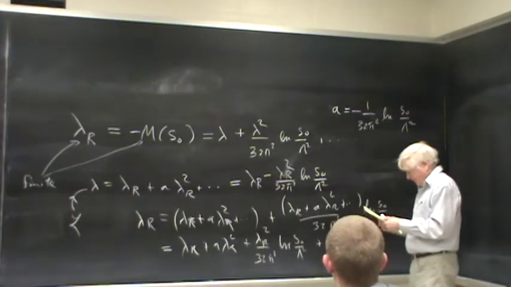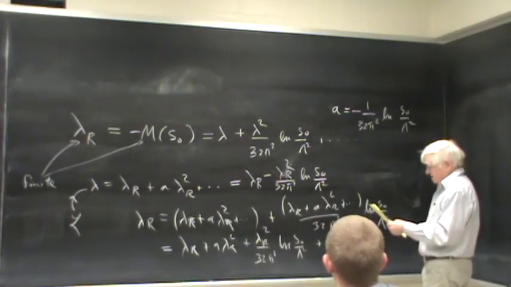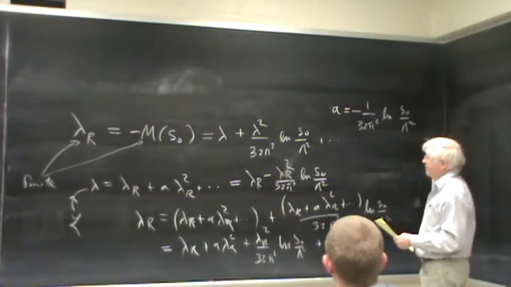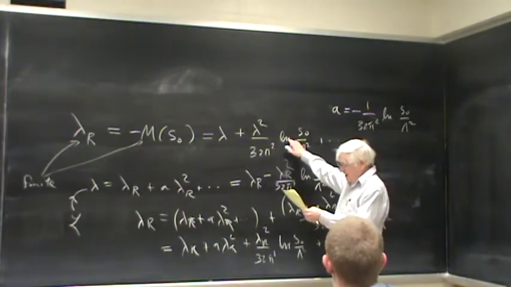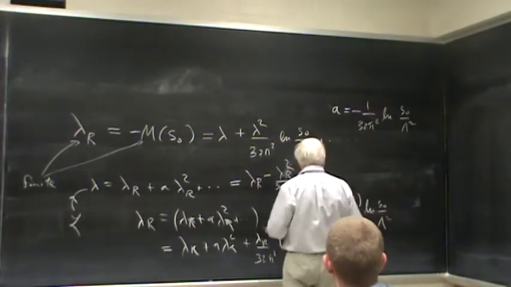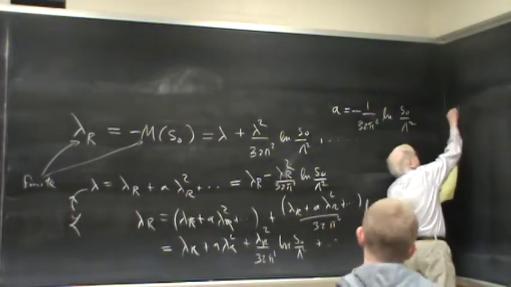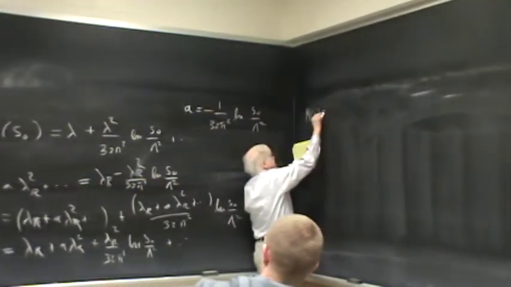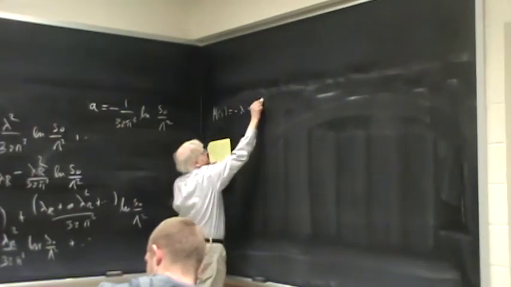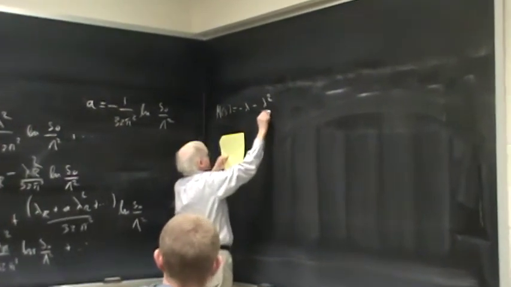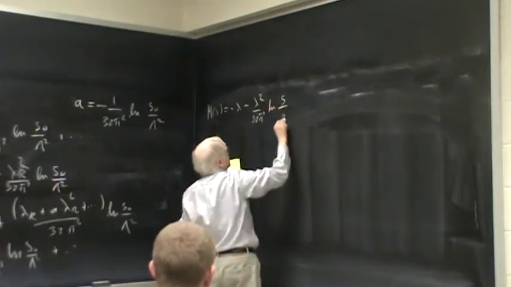Okay. And then we have our expression for m of s. We just replace S0 by S, and we have m of s is minus lambda squared over 32 pi squared log s over lambda squared.